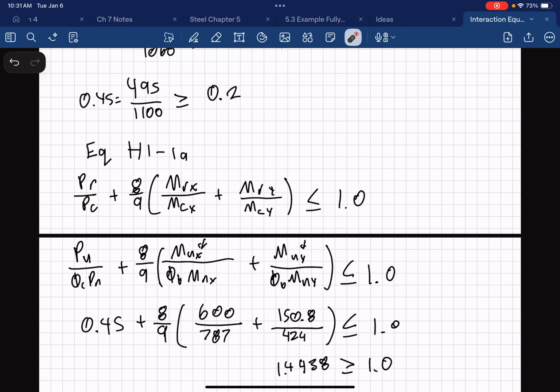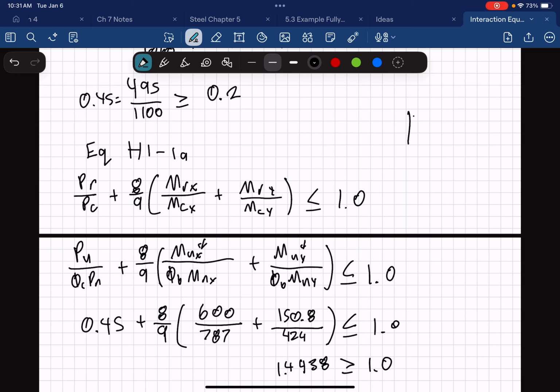If you think about what a moment does, when we have a member in loading and there's a moment load, we have compression on this side and tension on the other. The axial load helps compensate for some of this tension. Because of that, we have a trade-off where we can now reduce this factor. That's essentially what this equation is saying.